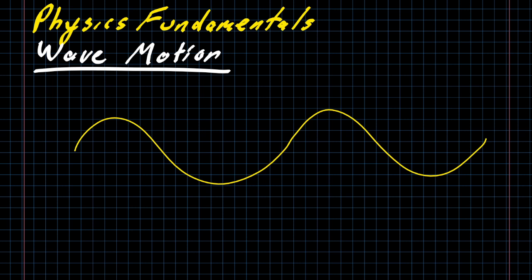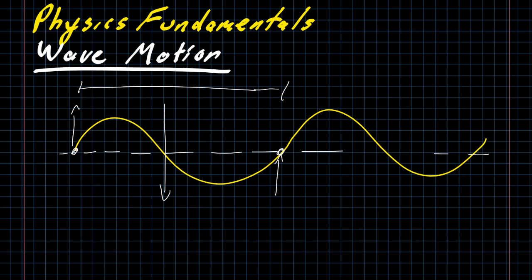Just like when we talked about simple harmonic motion, if we think about just what's happening vertically, the wave goes up, the wave goes down, the wave comes back, and when it comes back to where it started, that is one period.